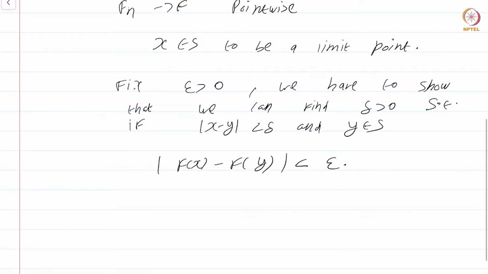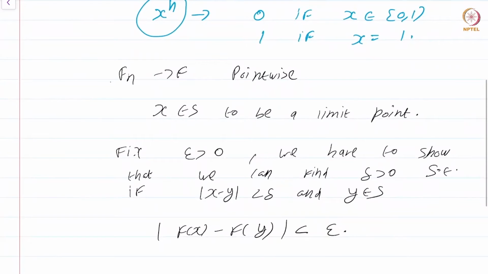This is what we have to do. Of course, I must mention the f_n's are continuous. These functions f_n are continuous. Otherwise, this whole enterprise is doomed to fail right from the beginning.